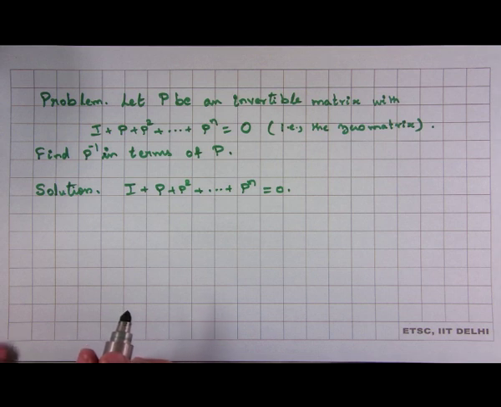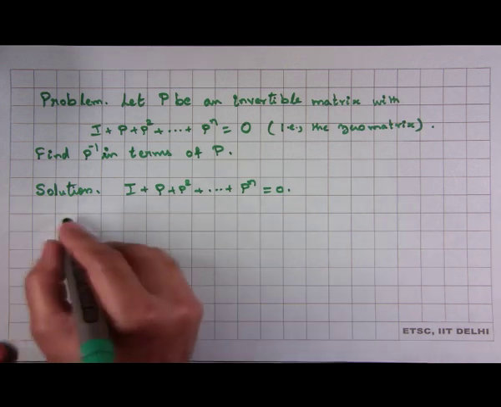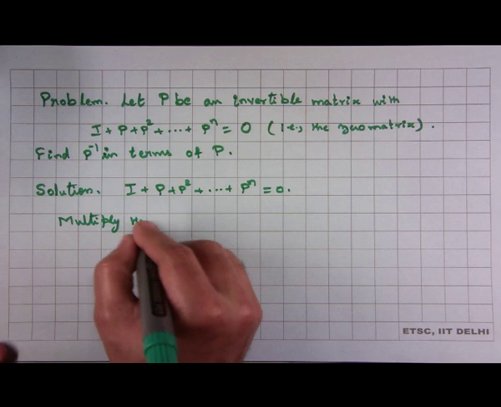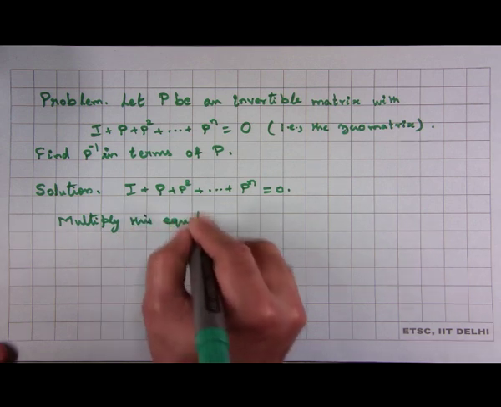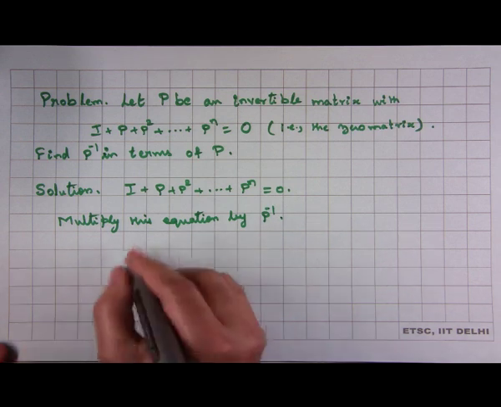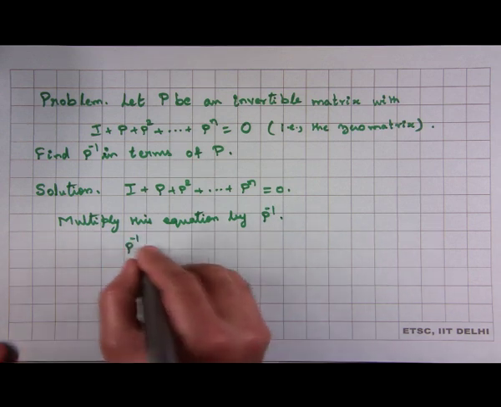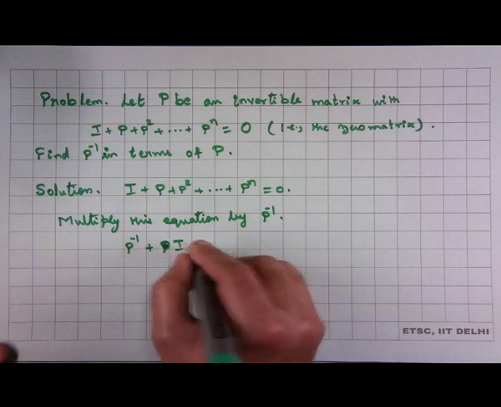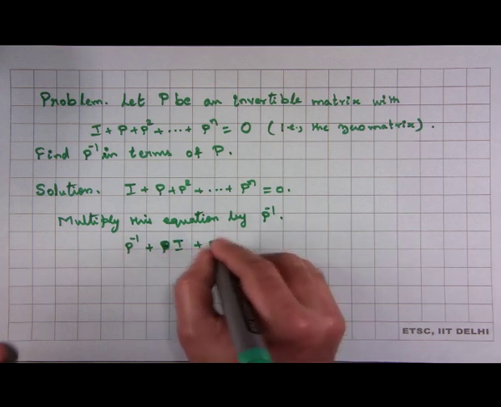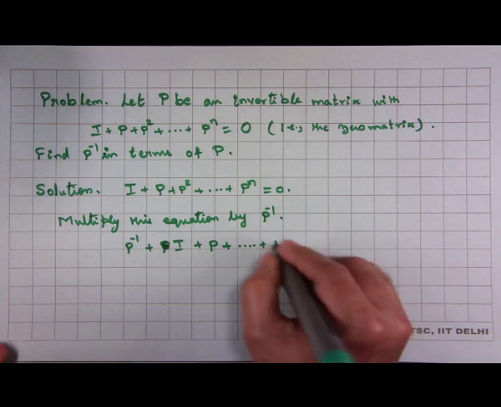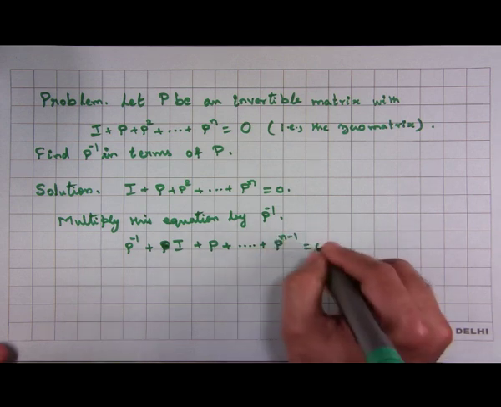Now, given that P is invertible, that means P inverse exists. So, let us multiply this equation by P inverse, then what we will have is P inverse plus I plus P plus up to P power n minus 1 is going to give me 0.